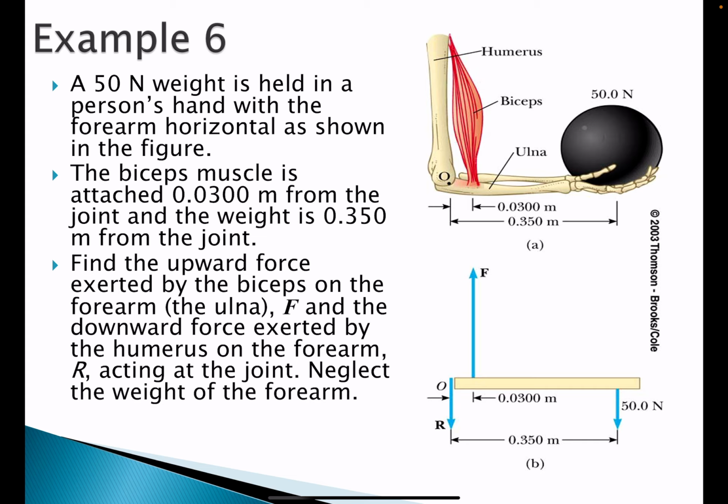The biceps muscle is attached 0.03 meter from the joint and the weight is 0.35 meter from the joint. Find the upward force exerted by the biceps on the forearm, the ulna, F, and the downward force exerted by the humerus on the forearm, R, acting at the joint. Neglect the weight of the forearm.